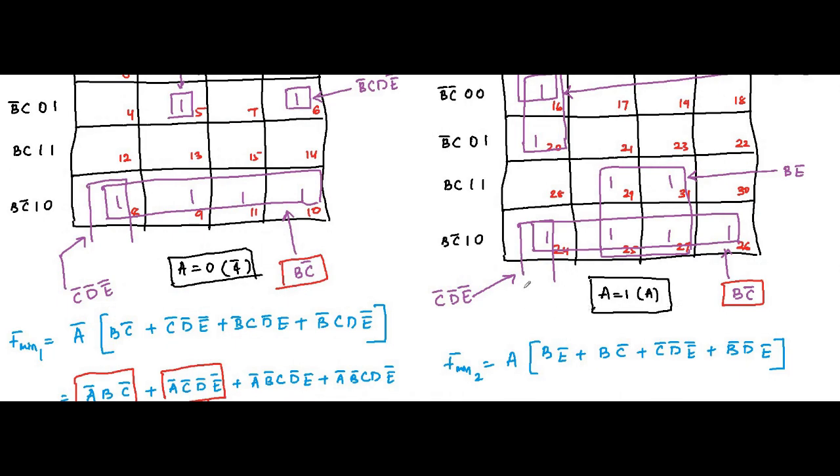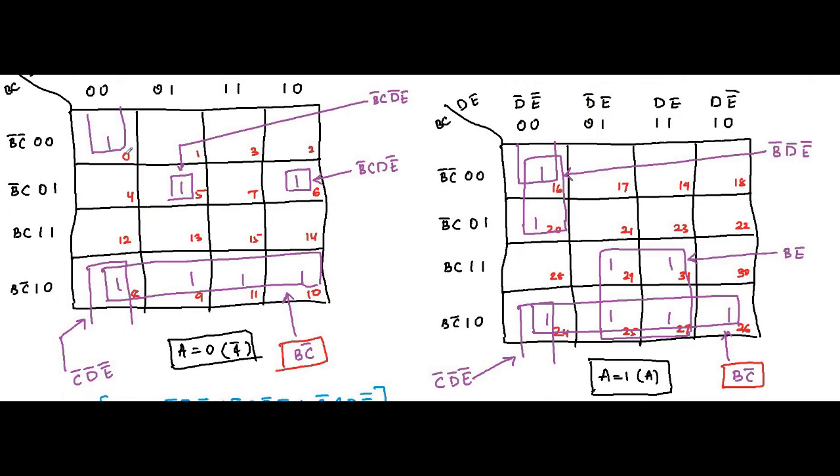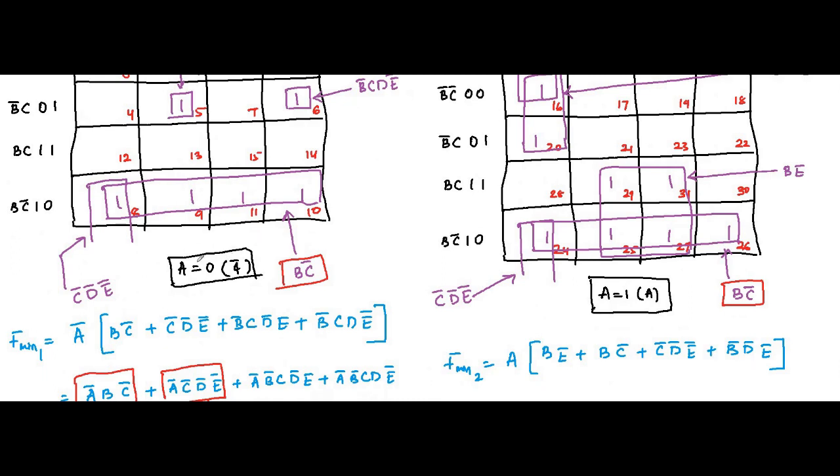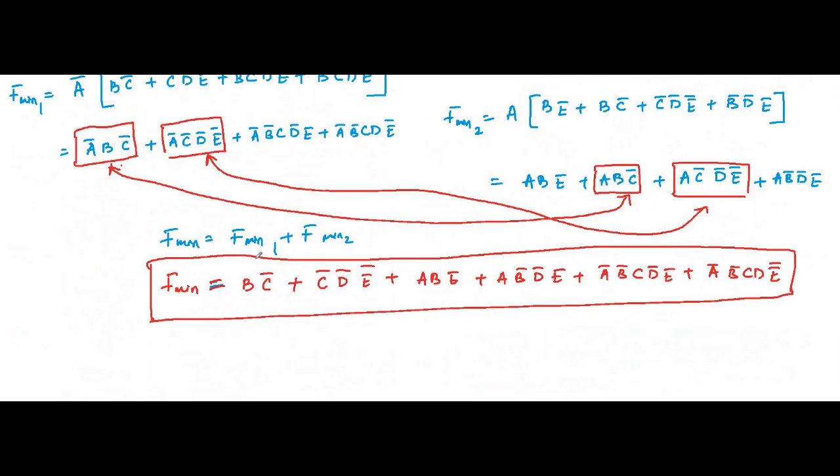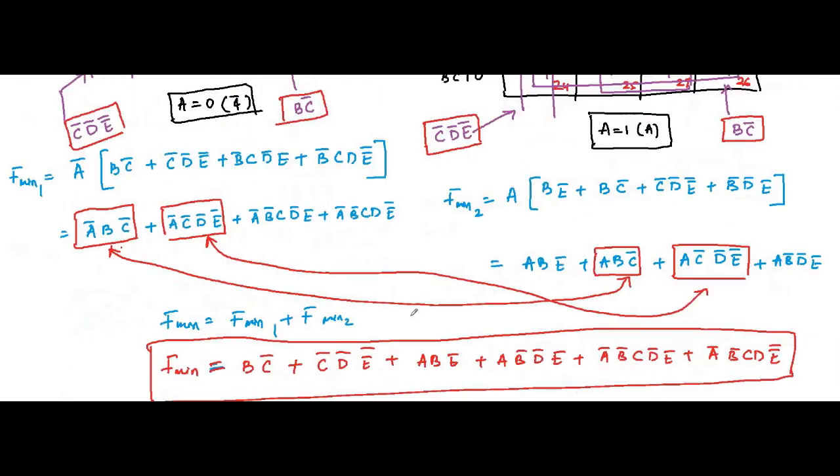Similarly, see another thing. Here for the pair involving minterm cells 0 and 8, and here 16 and 24, the common variable is C bar, D bar, E bar. Here also C bar, D bar, E bar. So directly in the minimized expression there is a guarantee that C bar, D bar, E bar will come.